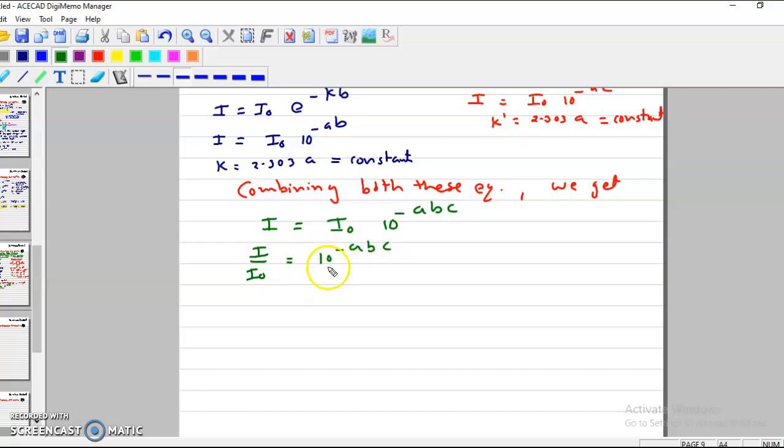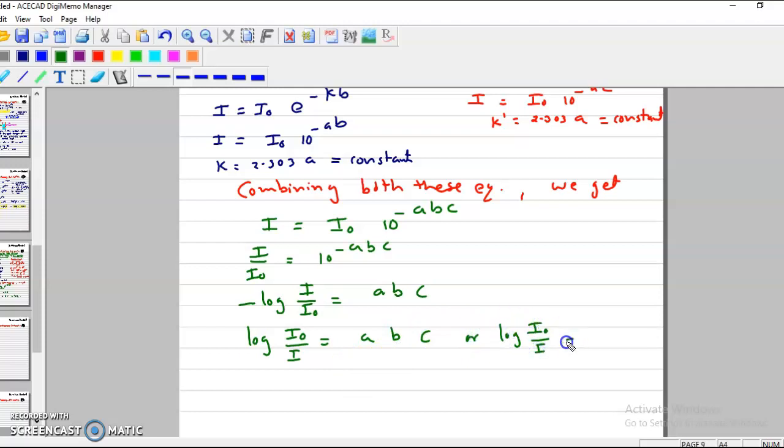If you want to remove the power 10, then we can take log, and the negative sign will go here. So minus log I upon I0 is equal to ABC. If you want to remove the negative sign, then instead of I upon I0, we can take I0 upon I. So log I0 upon I will be ABC, or log I0 upon I is equal to epsilon BC.